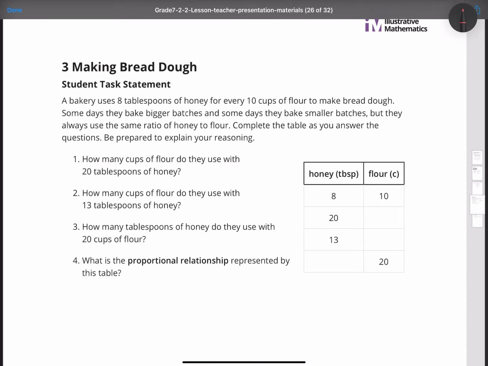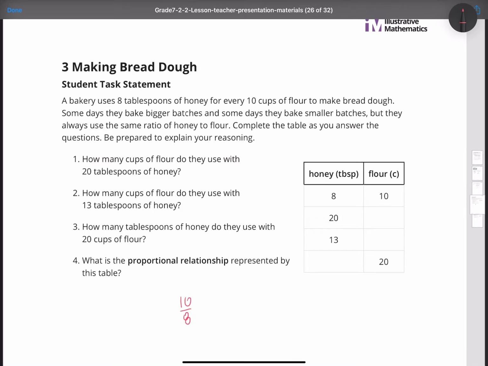So for number 1, it says, how many cups of flour do they use with 20 tablespoons of honey? Before trying to answer these questions, we need to figure out what 8 was multiplied by to get 10 cups of flour. We need to figure out the relationship, or the unit rate, between honey and flour. So I want to divide 10 divided by 8.